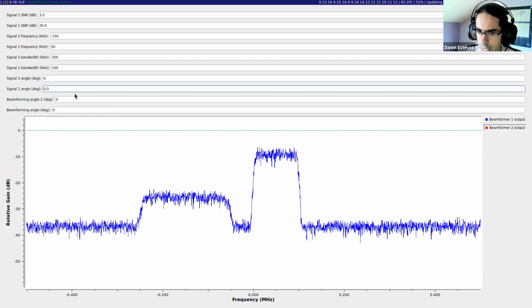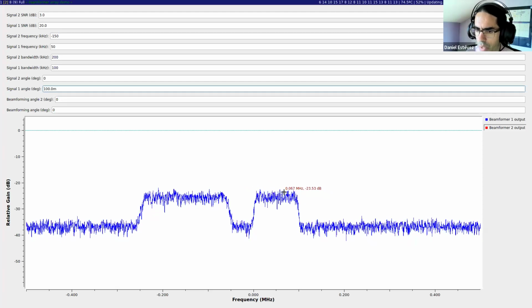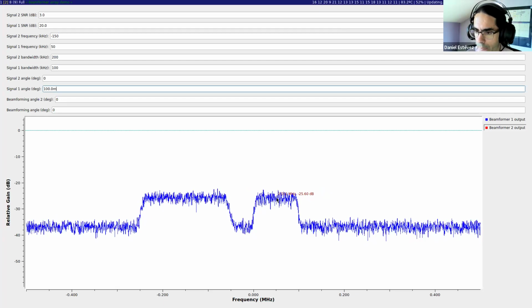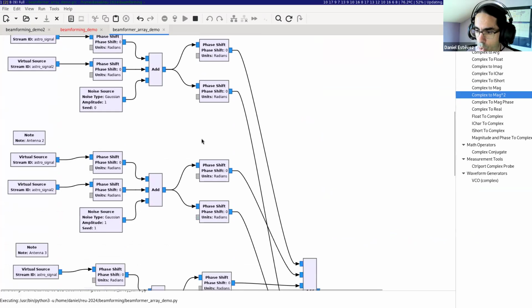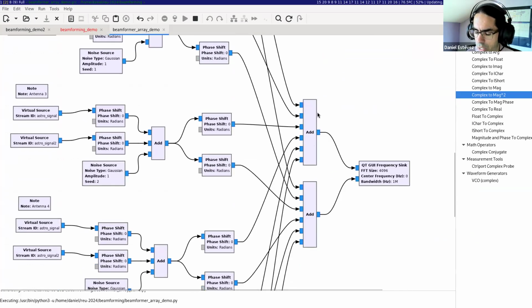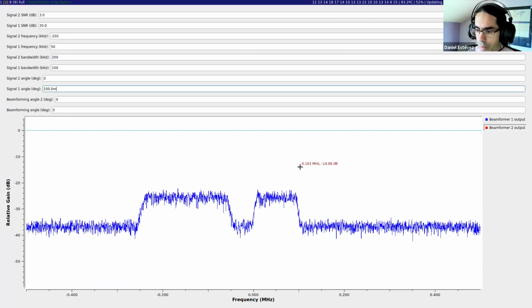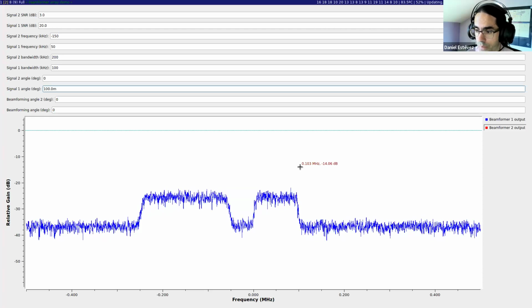When the angle begins to increase, such as for example 0.1, we see a huge decrease in amplitude, because now the phase shifts we are doing in the beamformer no longer cancel the phase shifts from the geometry of the astronomical signal. And so when we add all of these 6, there will be some cancellation. So that's what happens when the beamformer is not aiming directly to the astronomical source.